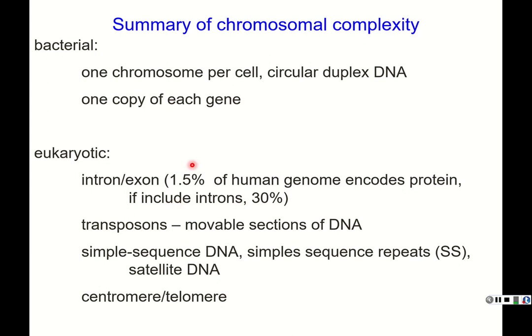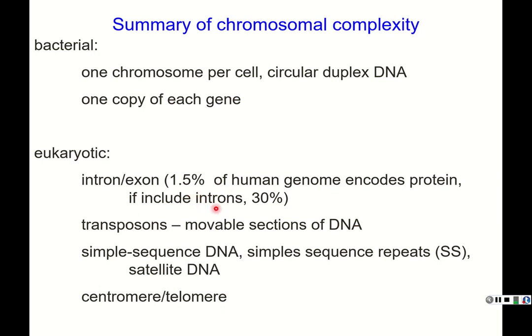Okay. And if you look at just how much of the human genome encodes protein, it's only about 1.5%, which is a very small amount. If you include the introns in that, it goes up to 30%. So you can see that the amount of introns in the genome is actually quite high.